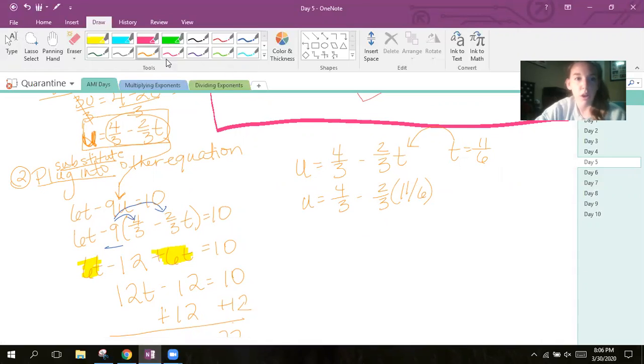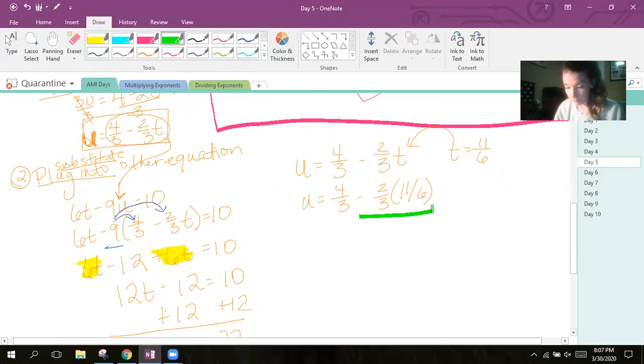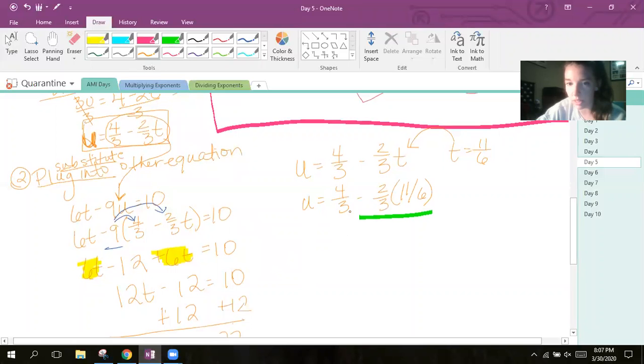Now we have to follow order of operations. So I'm going to do multiplication first. I have negative 2/3 times 11/6. Okay, so just to keep it consistent with the fractions, and so we have a more exact answer, I'm going to keep it as a fraction.